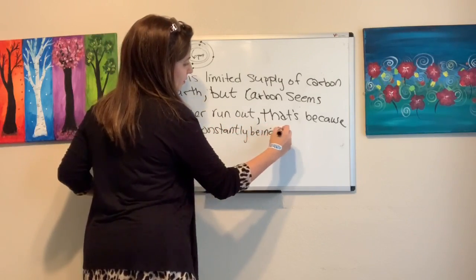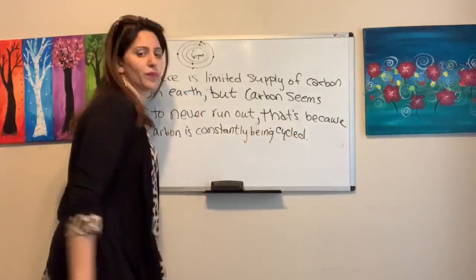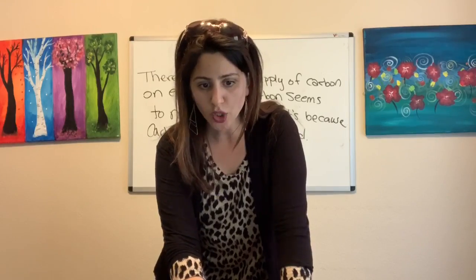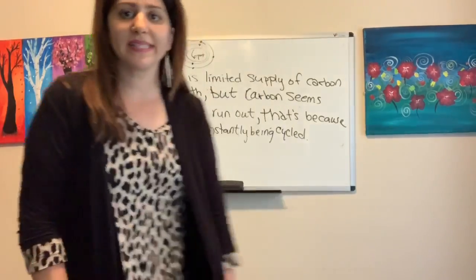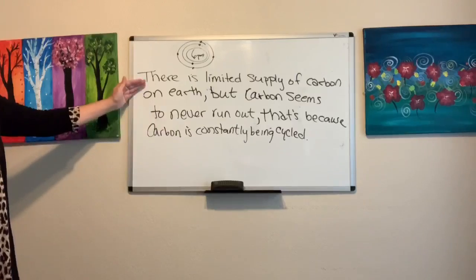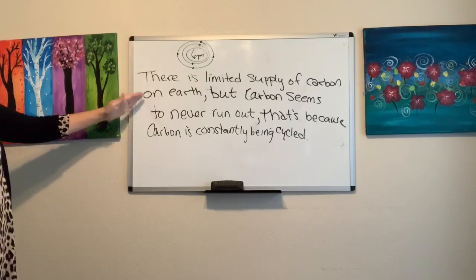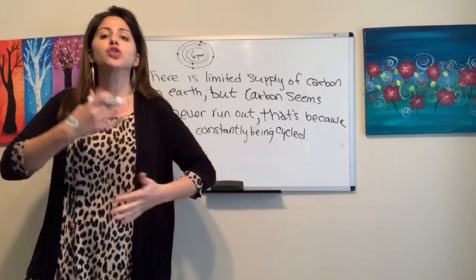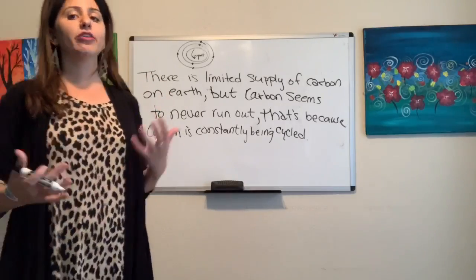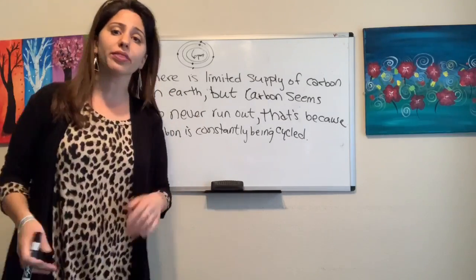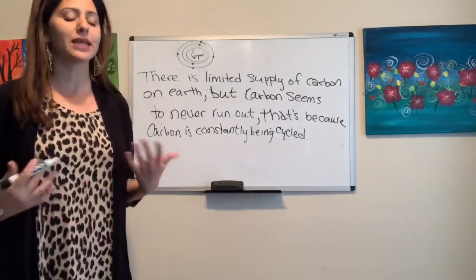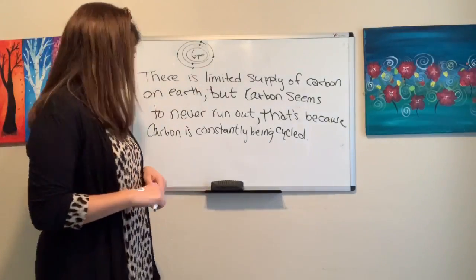Really, really important stuff over here. Okay, so write this down, okay? So there's a limited supply of carbon on Earth, but carbon seems to never run out, and that's because carbon's constantly being cycled, okay? So there's going to be this constant shift in the form that carbon takes on Earth, and that's how we're going to constantly have availability of carbon, okay?